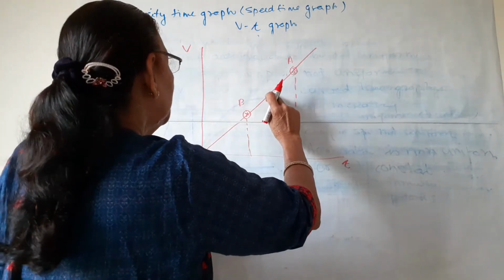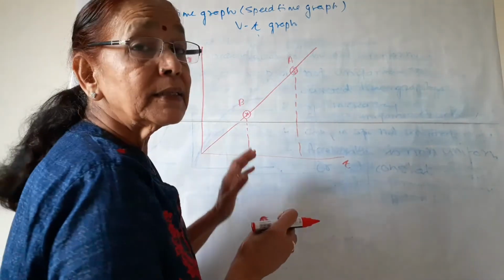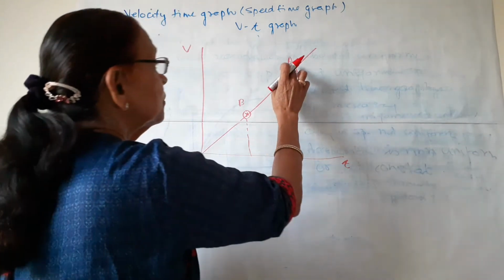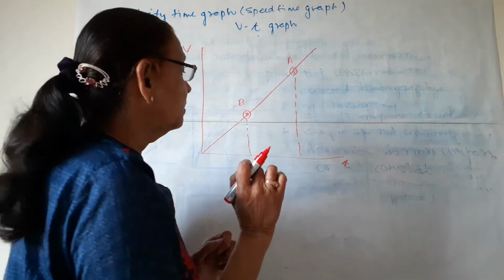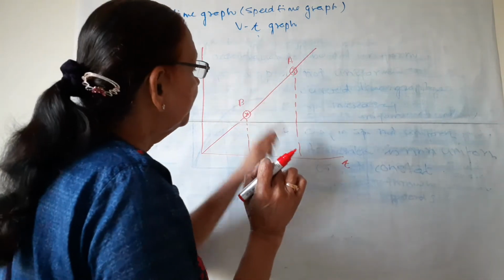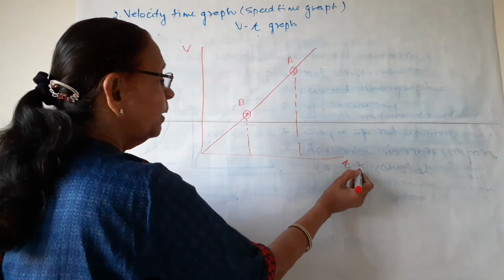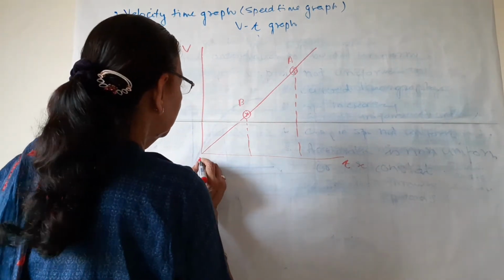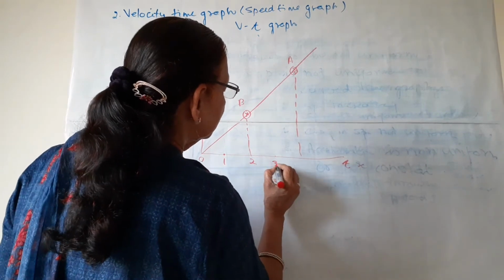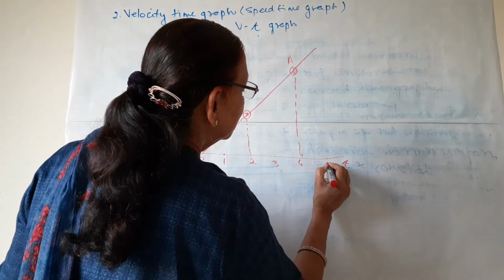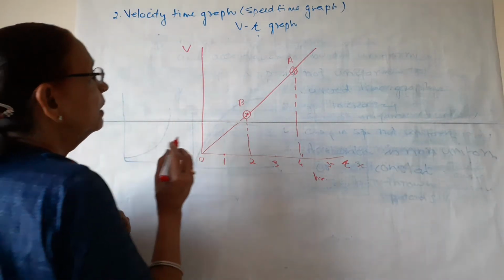From here to here, from here to here, acceleration will be constant because this is a straight slanting line. So we take A and B and put these two perpendiculars on this x-axis. This axis shows time. Suppose this is 0, 1, 2, 3, 4, 5, time in hours.